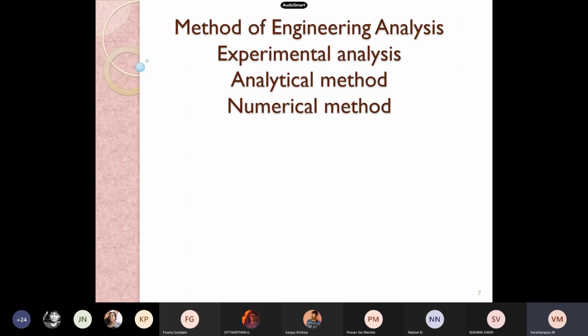What we are majorly concerned with is engineering analysis. Before manufacturing, we are going to have a validation of the products or components. That is what we are going to do. And the method of engineering analysis is further subdivided into experimental, analytical, and numerical.